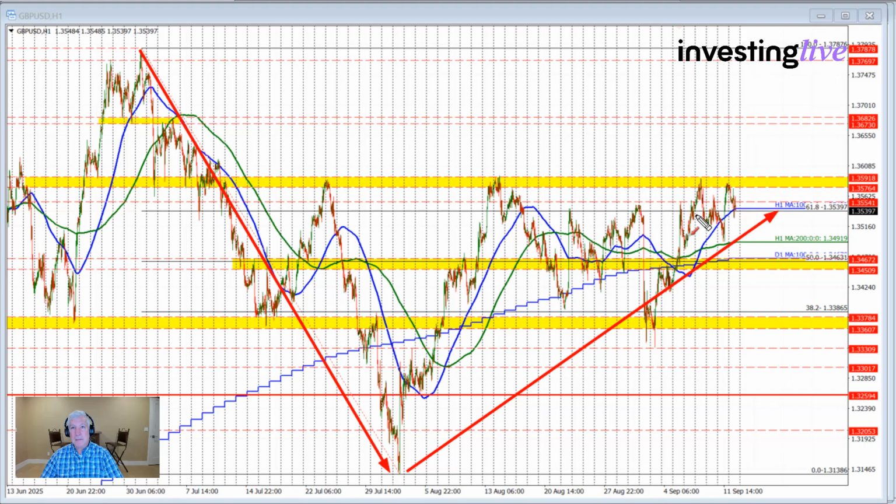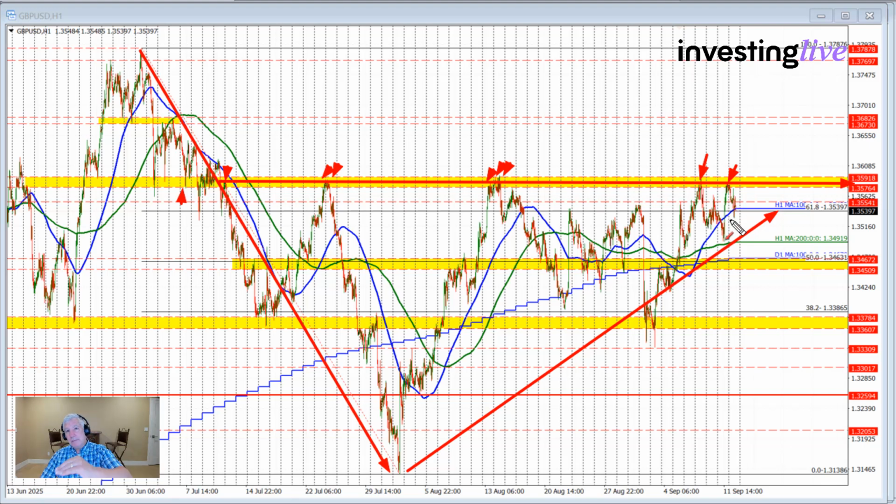So the market is kind of figuring out which way it wants to go into the weekend. What we do know is that the high price from this week, right here and right here, stalled against the high swing area right through here and here and here and here. And so this is a nice ceiling being formed right between 1.3576 and 1.35918.